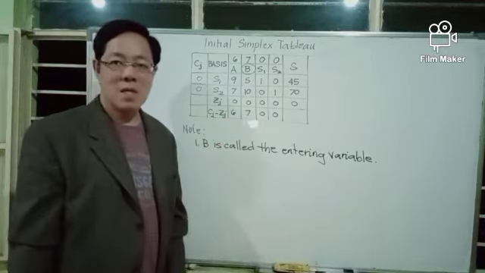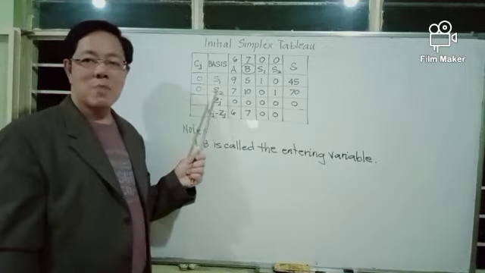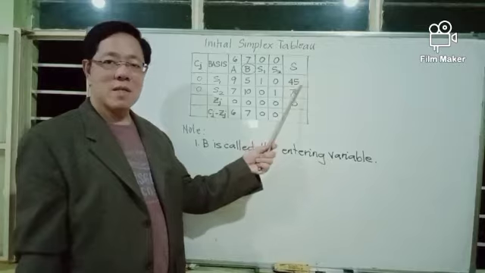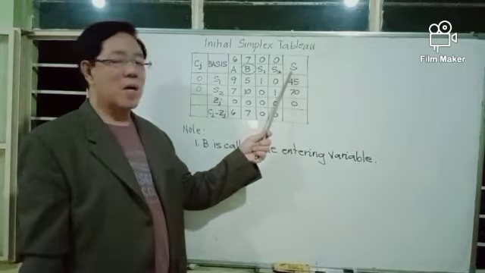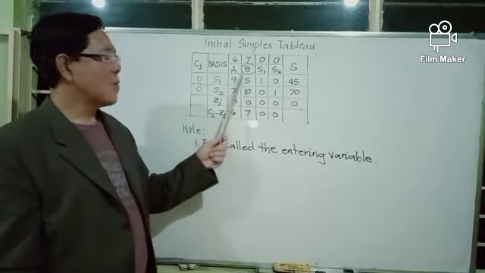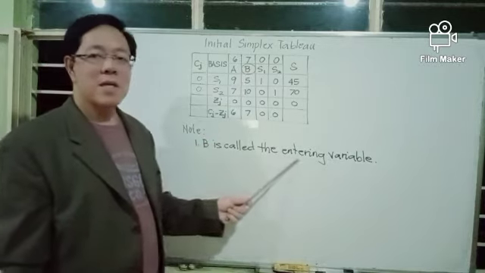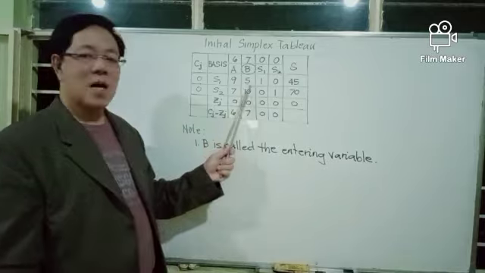Again, to determine which of these two slack variables will be the outgoing variable, divide the entries of the solution column, column S, by the corresponding entries of the b column, the column of the entering variable. 45 divided by 5.